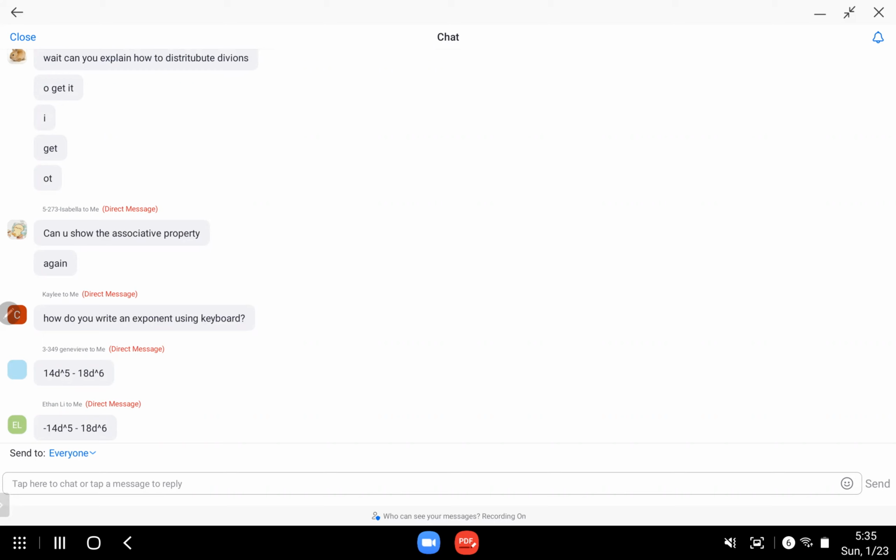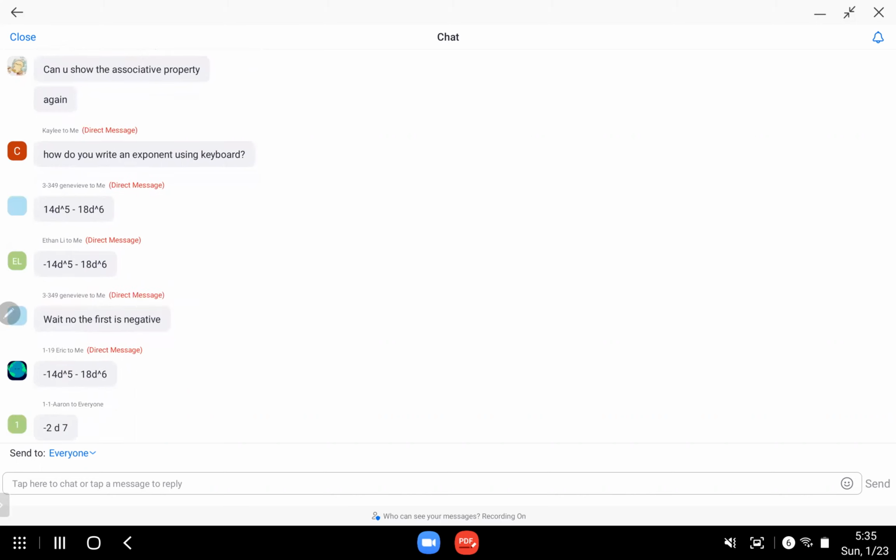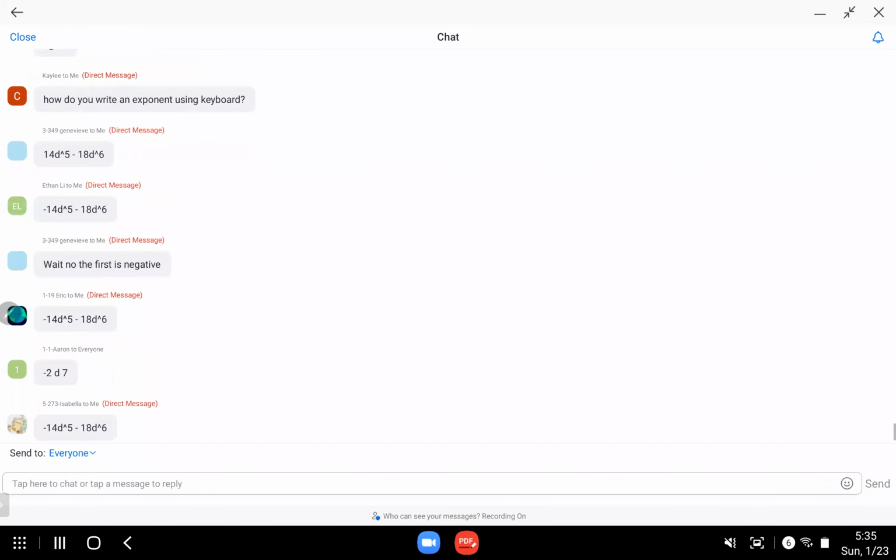Okay, so Kaylee asks, how do you write an exponent using the keyboard? Just as how Genevieve and Ethan wrote it. Use this, what is it? I don't even know what that thing is called, but I think it's shift and then 6.